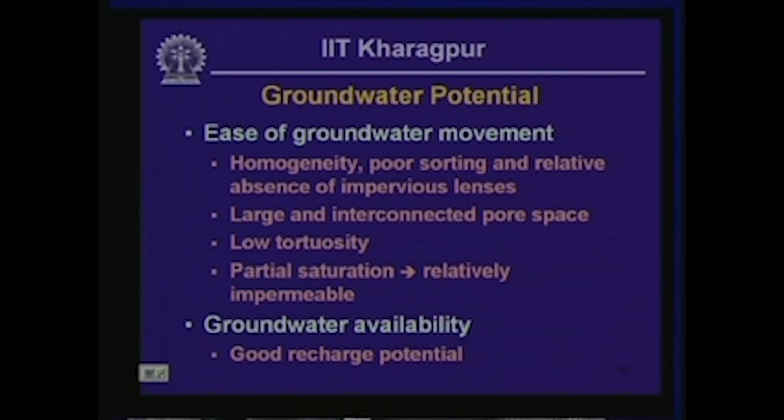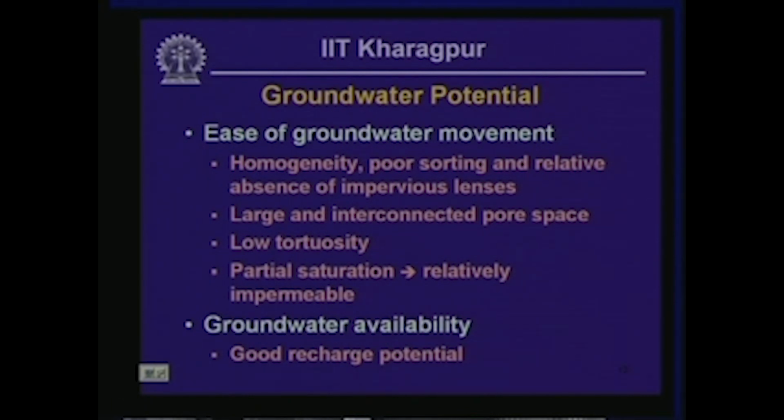And what is better is that the grain size distribution of the water bearing formation should be poorly sorted. In other words, the grain sizes that compose the aquifer would be quite similar, and there should be relative absence of impervious lenses within the mass of the aquifer.